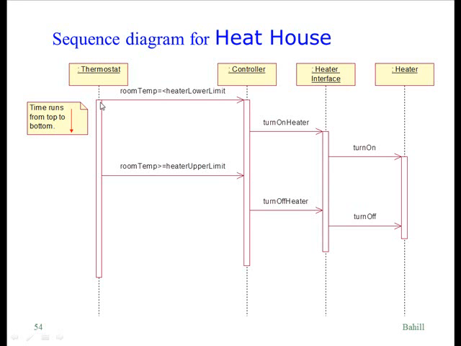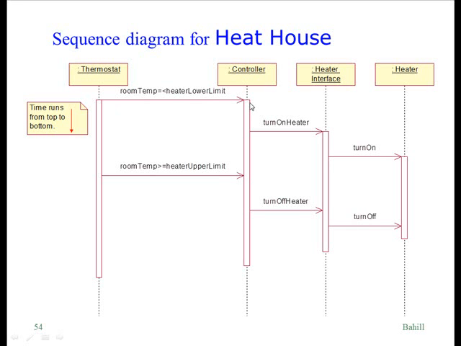So here we start with the thermostat. The thermostat is sensing the temperature in the house, and the room temperature has fallen below the heater lower limit. So it sends a signal to the controller.